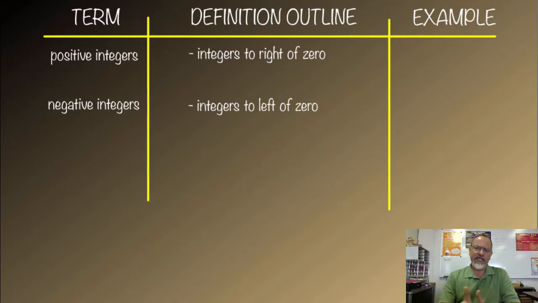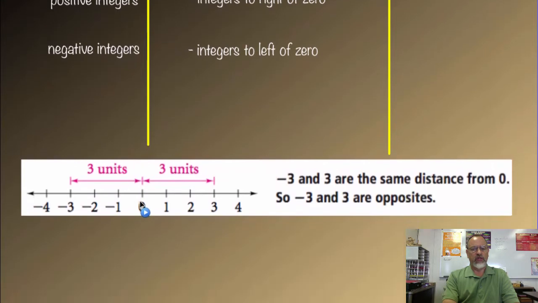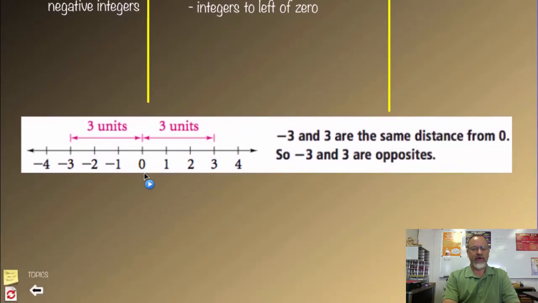Again, it seems obvious, something you've probably done before, but it becomes very helpful to us as we begin to look at some more complex concepts to understand that positive is to the right, negative is to the left. So the positive integer 3 is 3 units to the right.